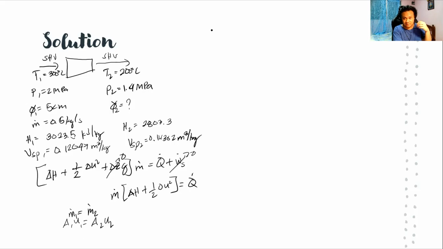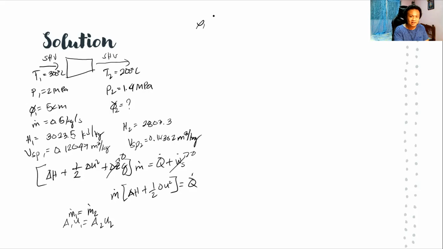We can break the area further. It is circular, so maybe we can express the mass flow rate as the area times the velocity over the specific volume, or times the density.